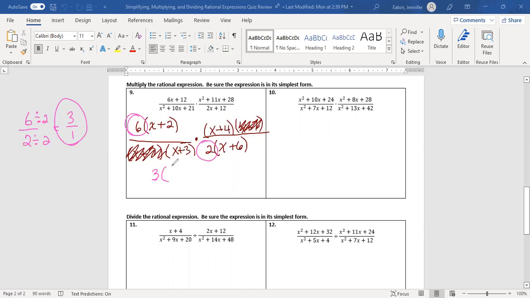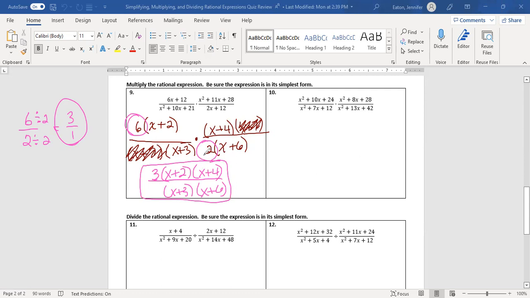So we have 3 times, what else is left on top? x plus 2 and x plus 4. On bottom, we have the 1, or you don't have to write anything at all, and then x plus 3 and x plus 6. And that's your final answer for this problem.